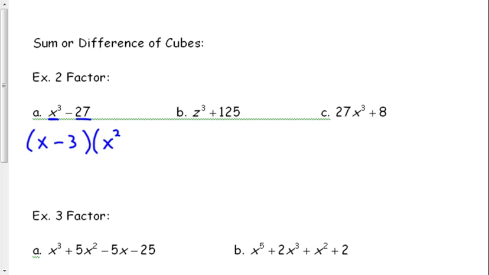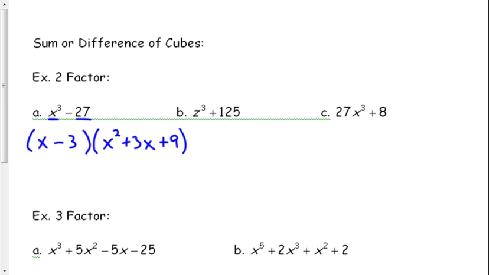Then you multiply the two terms together and use the opposite sign. So x times negative 3 is negative 3x. Use the opposite sign to make that positive 3x. And then you just square the last term, so that gives you 9. So x cubed minus 27 is x minus 3 times the quantity x squared plus 3x plus 9.